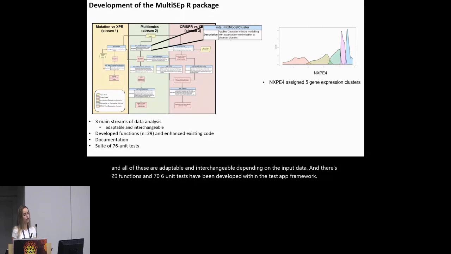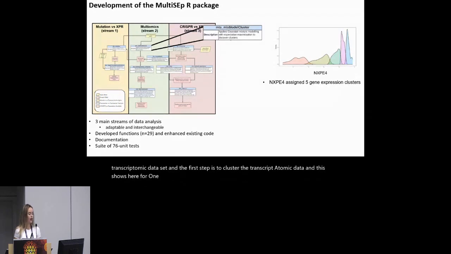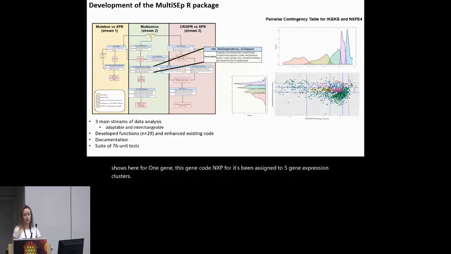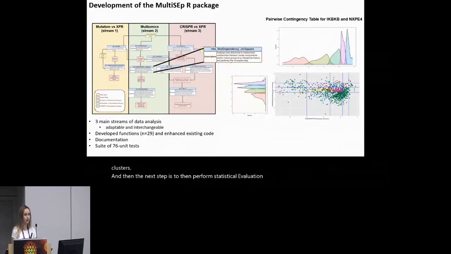And I'll briefly talk through the multi-omics stream, and this can be done using an input transcriptomic data set. The first step is to cluster the transcriptomic data. And this shows here for one gene, this gene called NXP4, it's been assigned to 5 gene expression clusters. And then the next step is to perform statistical evaluation of these gene dependency relationships using the chi-square test.